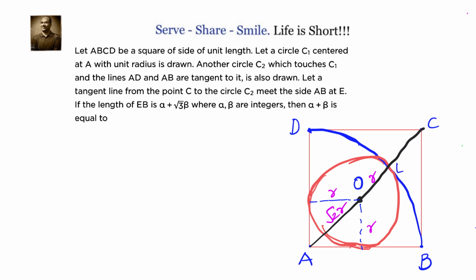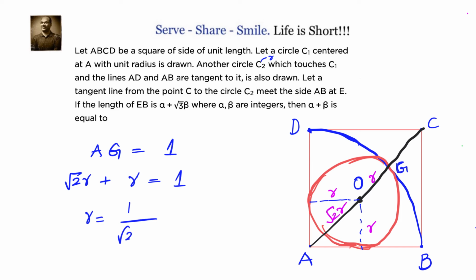But the length from A to G is equal to 1 unit because the radius of C1 is 1, but that is also equal to root 2 r plus r. So from that we can find the radius of circle C2. So root 2 r plus r equals 1, or r equals 1 by root 2 plus 1. Rationalize it, we will have root 2 minus 1 divided by 1, which equals root 2 minus 1.